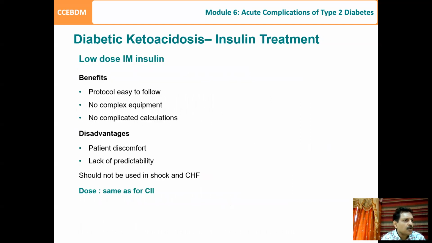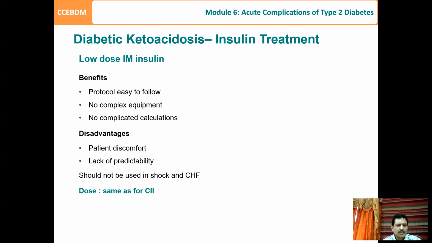Coming to low dose IM insulin, as I have already told you, I don't treat DKA with low dose IM insulin. I have no experience of doing that, but we have a very easy protocol to follow. Give the IM insulin every hour, check the glucose, and see how the patient responds to the intramuscular injection.